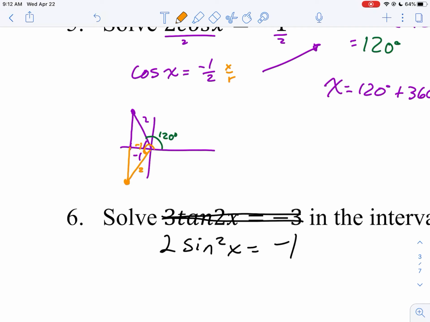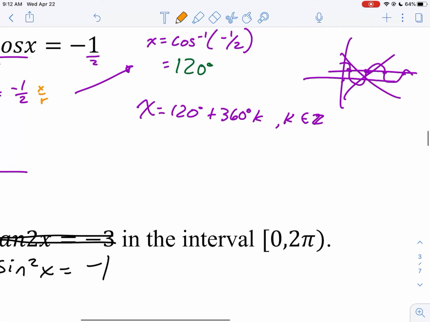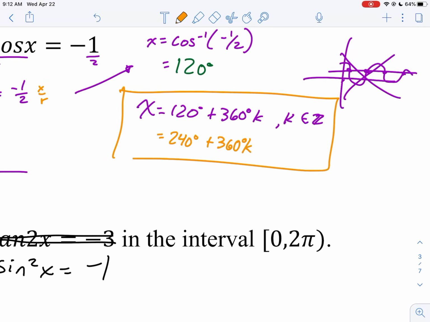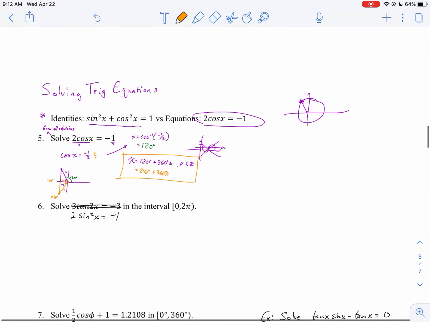And so when I have this angle here, I will also have a solution. So that's 60 more than 180. So 180 plus 60 is 240. And so x can also equal 240 plus 360k. And this is going to be your final answer for number 5.